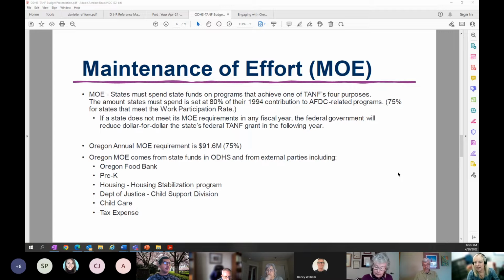And that spending still has to achieve one of the four TANF purposes.